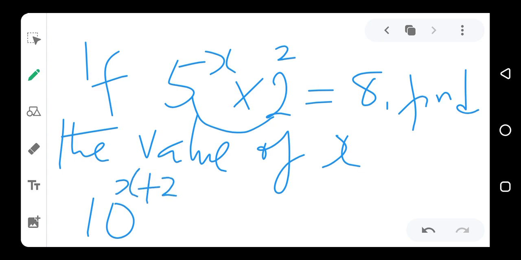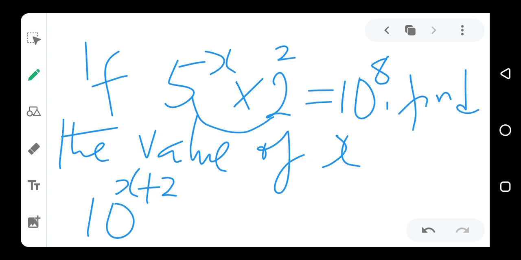So x plus 2 is equal to 10 raised to power 8.